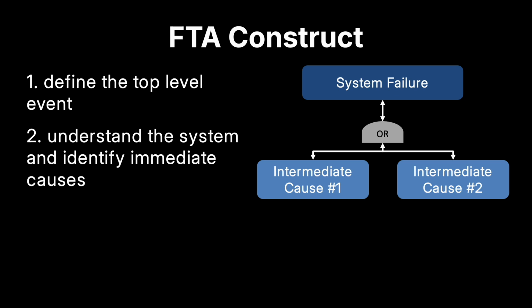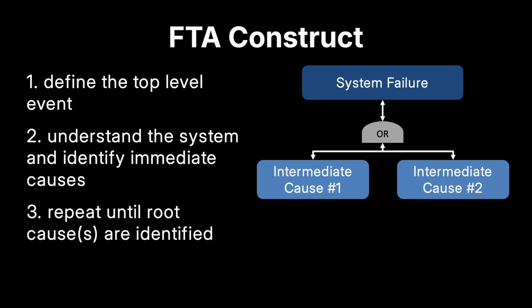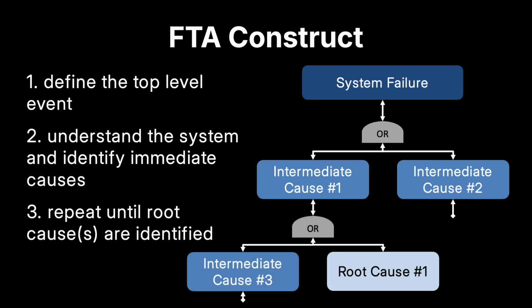The intermediate causes are direct contributors to the top event, so to the system failure, like missing messages, invalid sensor data, etc. Then you decompose these into root causes by breaking down the intermediate events step by step until you reach the root causes. Those are basic hardware failures, software errors, environmental triggers, etc. There can be more than one root cause for one system failure, of course.